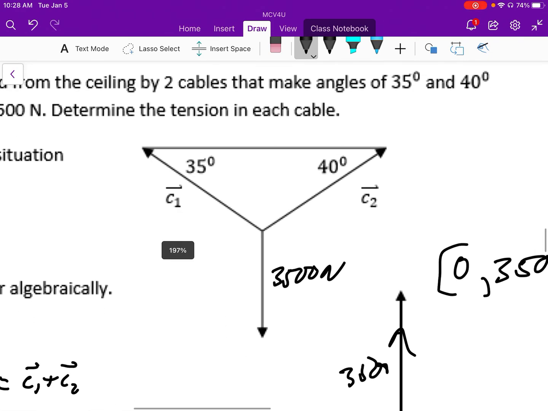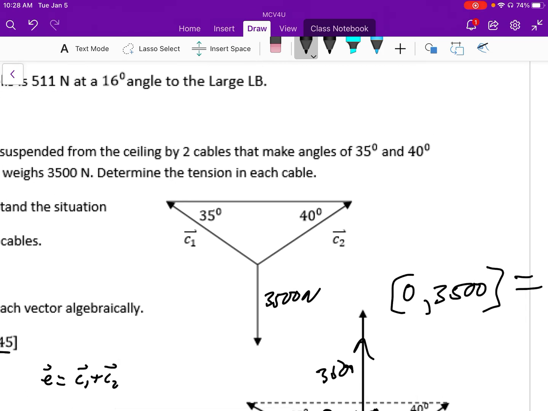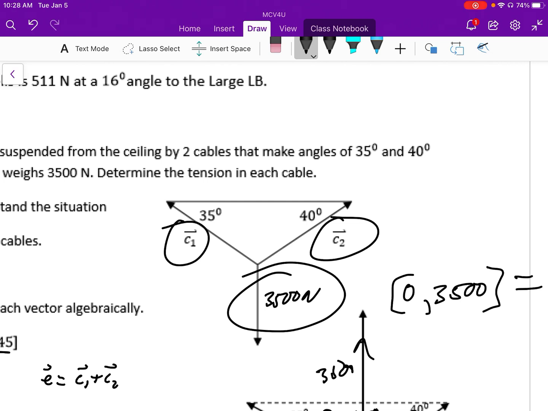Well, what was given to us? We had a resultant. We didn't have the initial vectors. If you don't have the magnitude of the initial vectors, I'd say go use the geometric vector. It'll be much more efficient.